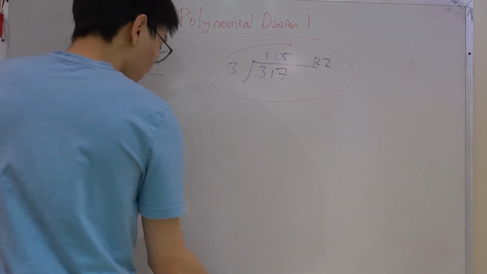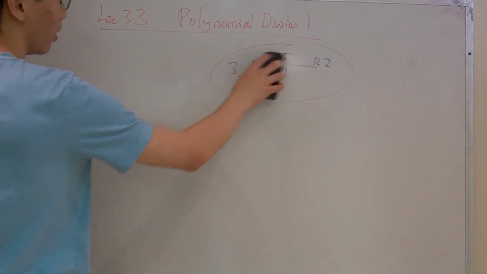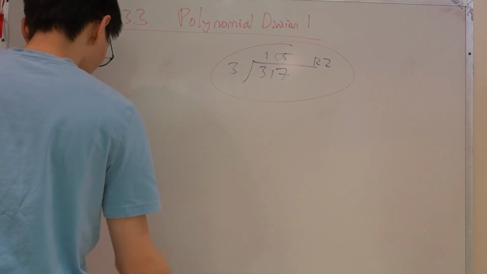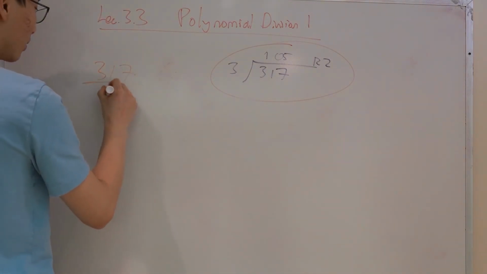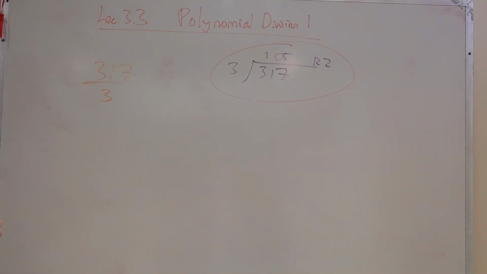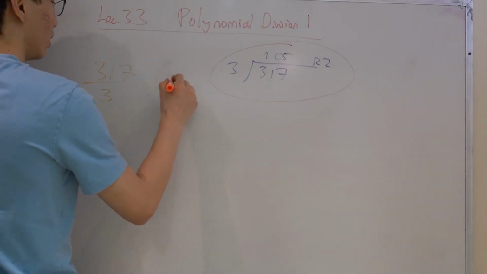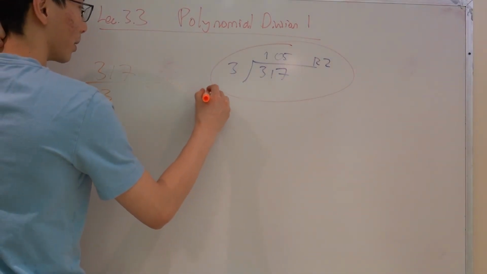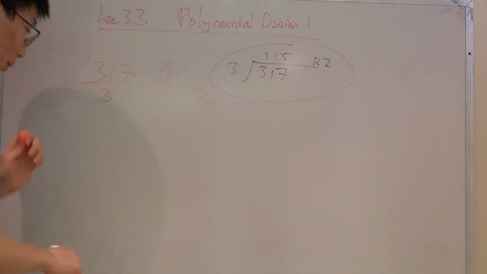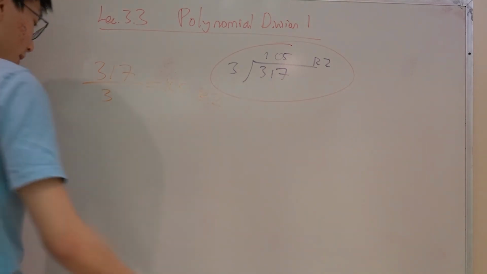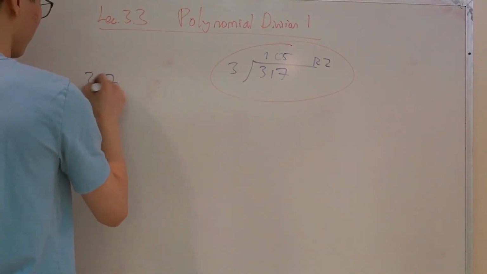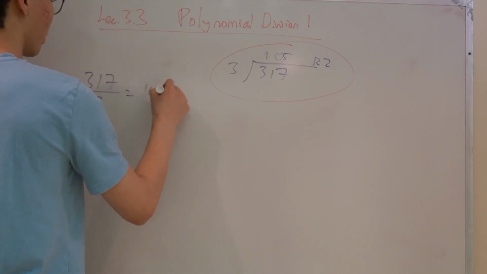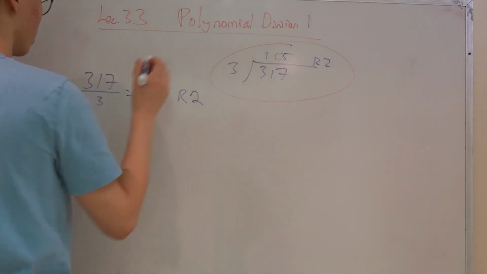So let's think about what this whole thing means. I did 317 divided by 3. And what did that give me? That gave me 105, remainder 2. I'm going to rewrite that: 317 divided by 3 is equal to 105 with a remainder of 2.